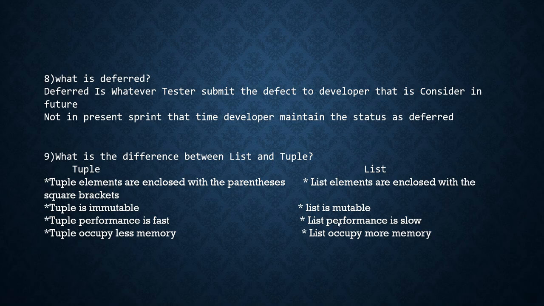Once the object is created, we can change the data. Tuple performance is fast as compared to list. List performance is low. Tuple occupies less memory and list occupies more memory. These are the list and tuple differences.